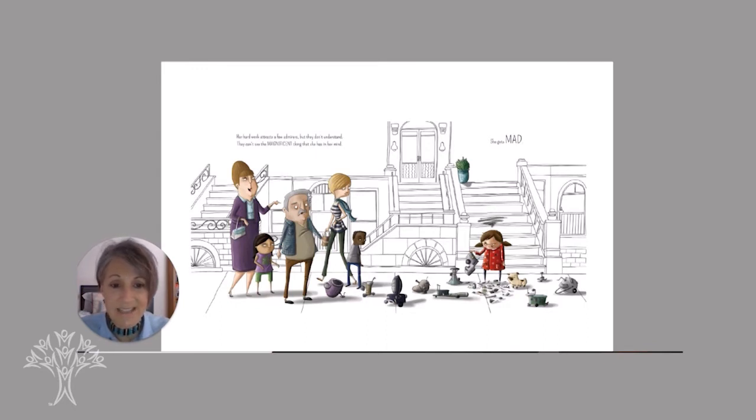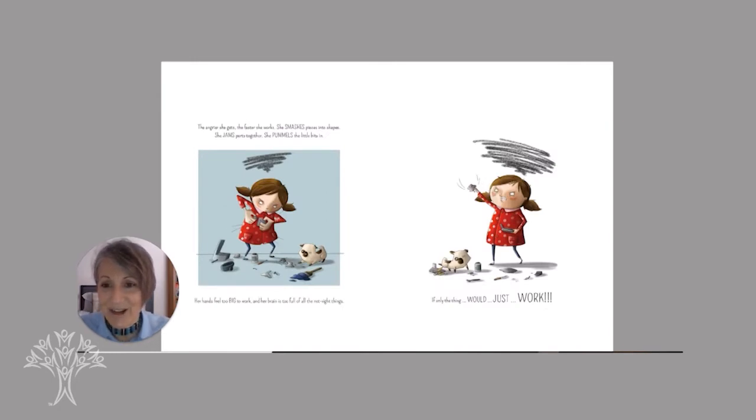She gets mad. The angrier she gets, the faster she works. She smashes pieces into shapes. She jams parts together. She pummels the little bits in. Her hands feel too big to work, and her brain is too full of all the not right things.